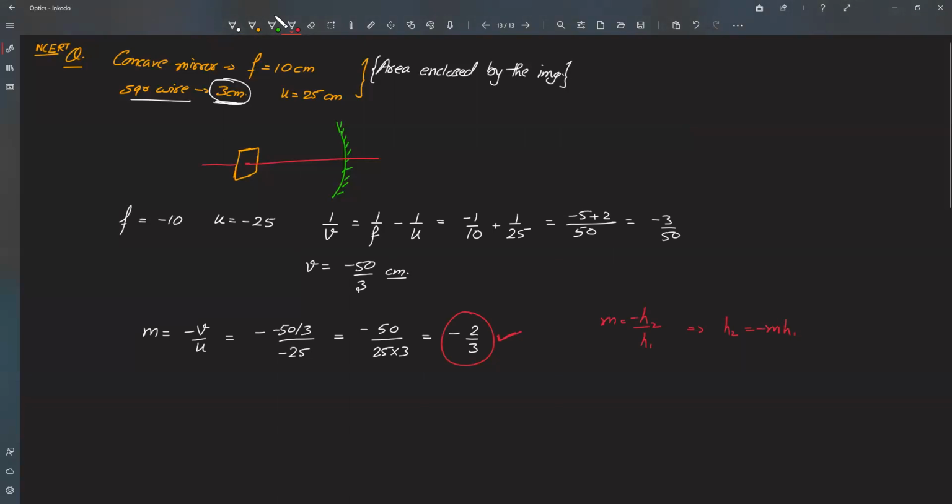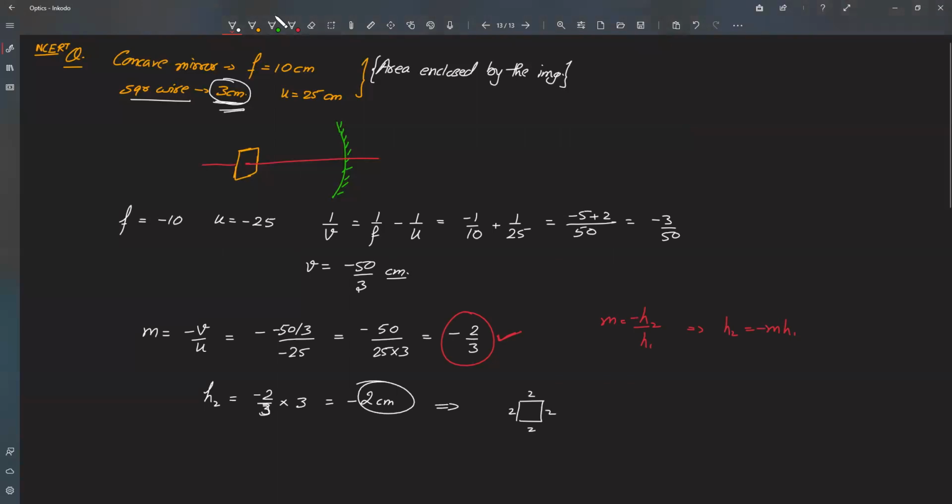So h2, the height of the image, is equal to -2 by 3 times h1, and h1 is the original size, 3 centimeter. So it is 2 centimeters. It is -2 because it is an inverted image.